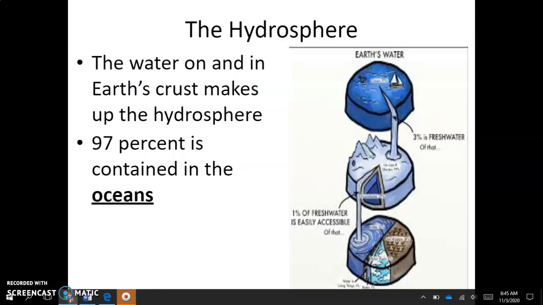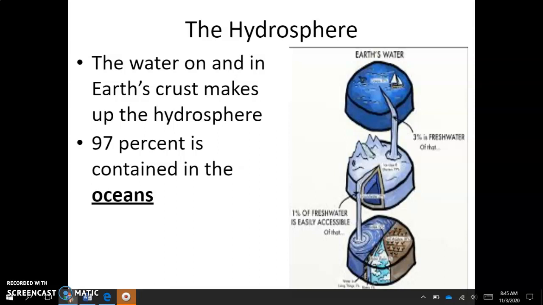So just to review on what the hydrosphere is, remember we learned about this in one of our very first lessons when we talked about the branches of earth science. But the hydrosphere is just all of the water on the earth, right? So the water on and in Earth's crust make up our hydrosphere. Hydro meaning water, and then sphere is just in relation to the earth.